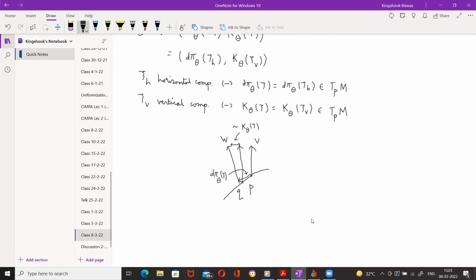And so now we've got a full decomposition of the tangent space into horizontal and vertical components. So we can use this to define, now if we have a metric on M, a metric on the tangent bundle called the Sasaki metric.